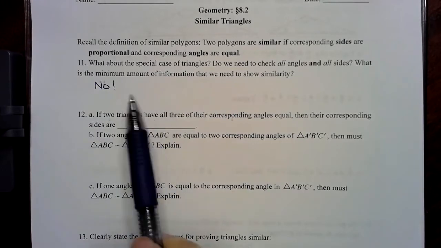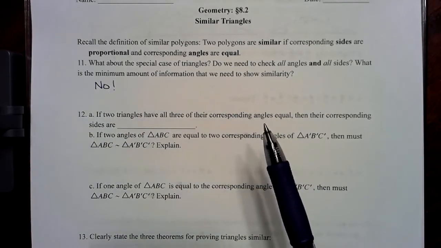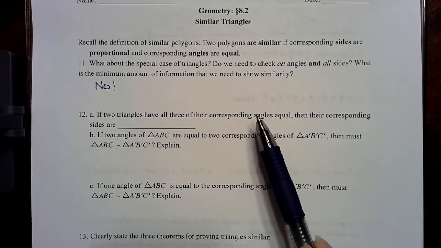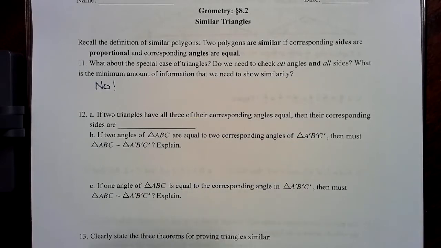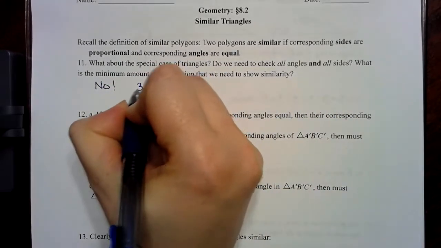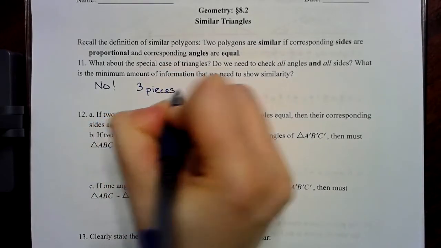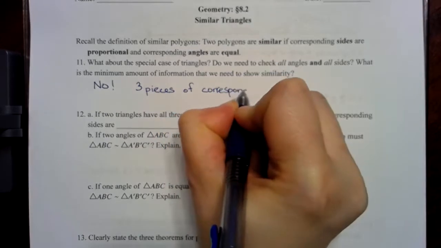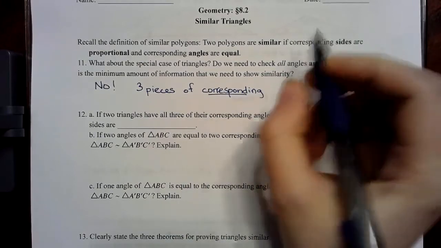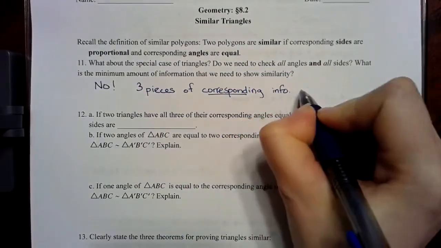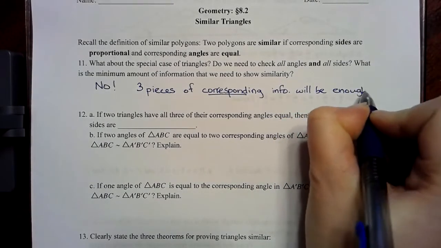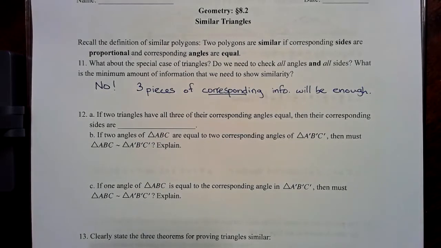And because two triangles being similar is less restrictive than being congruent, that three bits of information will also be good enough here. As long as it's the right pieces of corresponding information.